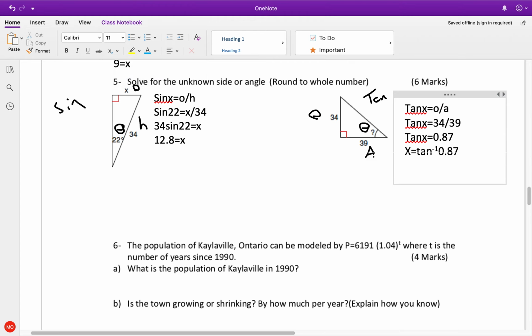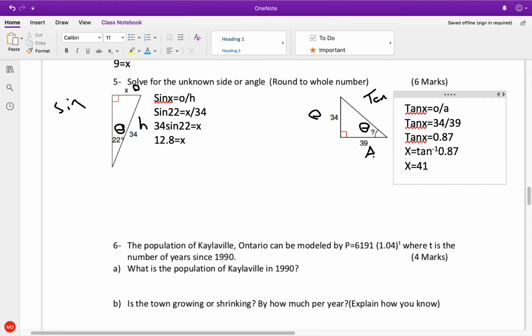Tan negative 1, 0.87 equals 41 degrees. So we know now it's 41.